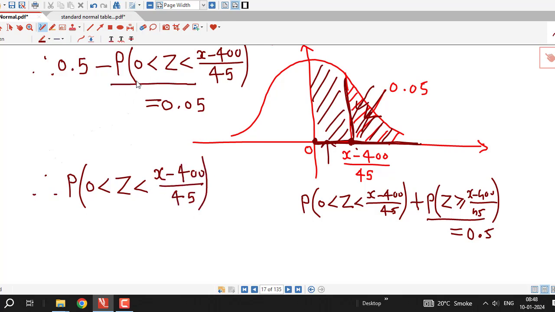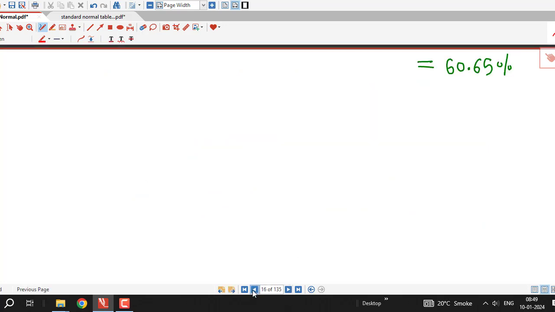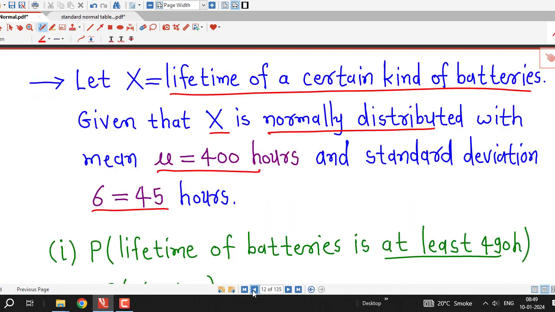This is equal to, I consider this on the right hand side, 0.5 minus 0.05, and that turns out to be 0.45. So now you can see that area between 0 and this value, (x minus 400) over 45, is equal to 0.45.